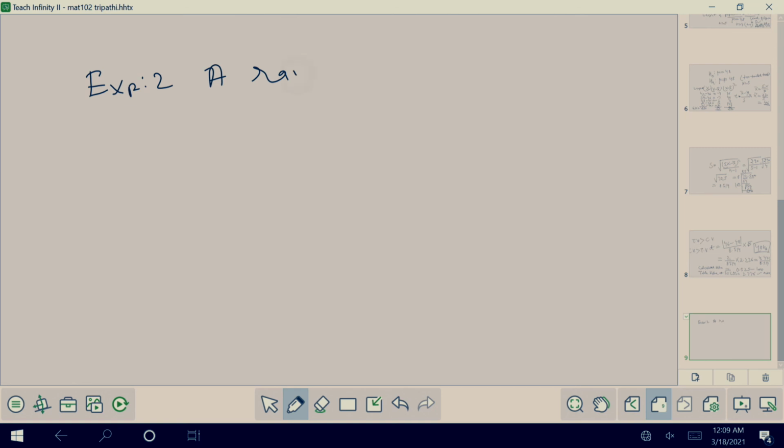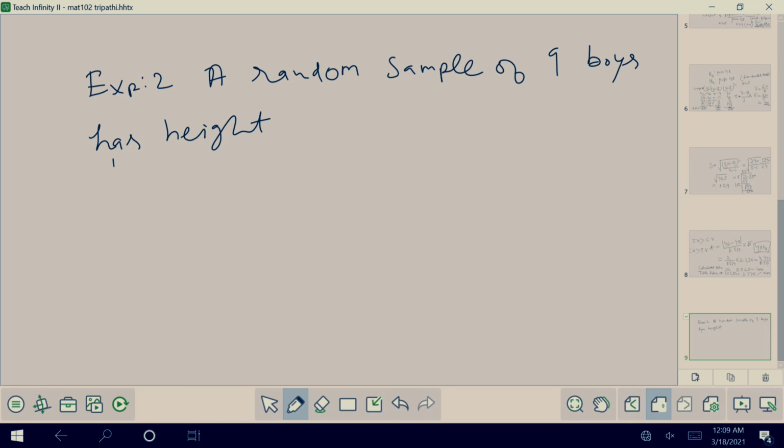A random sample of 9 boys had heights. Height is given in inches.